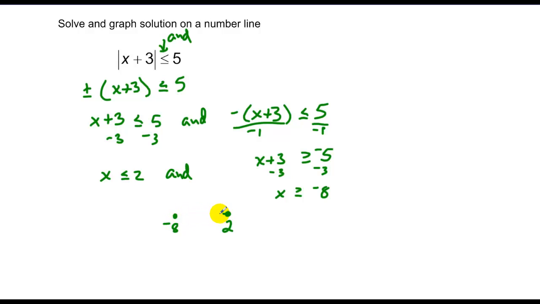And it's an and. So while this goes this way and this goes this way, I take the overlap. So it's between those two. In interval notation, I go -8 to 2, with brackets on both since they're included.